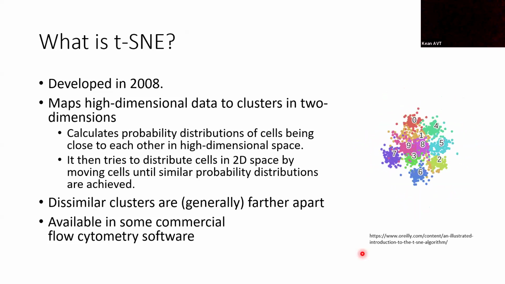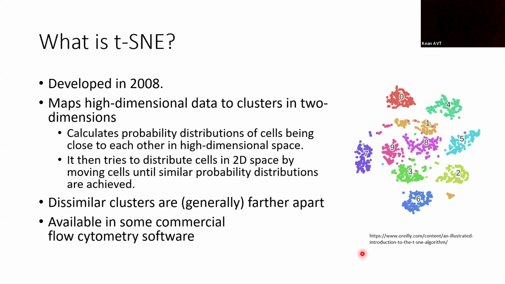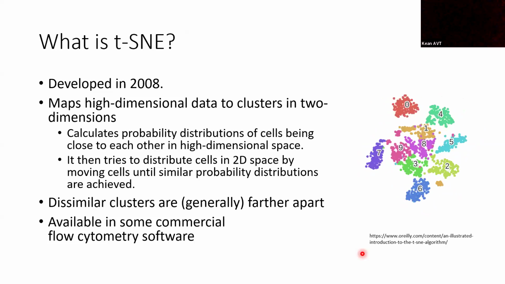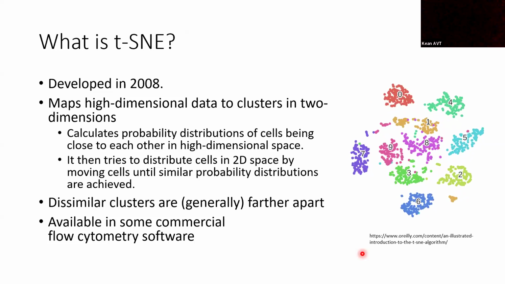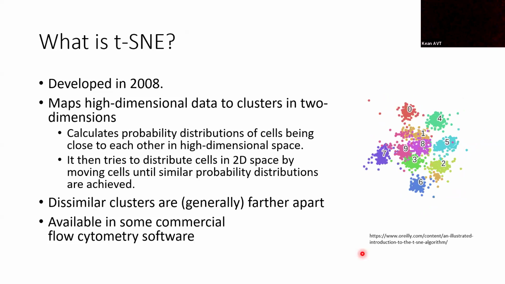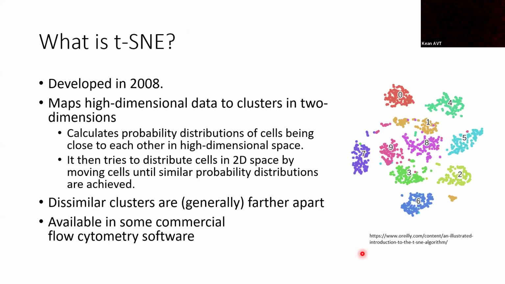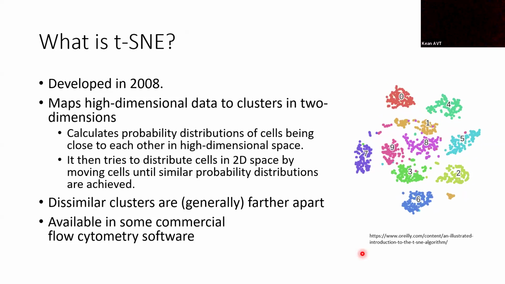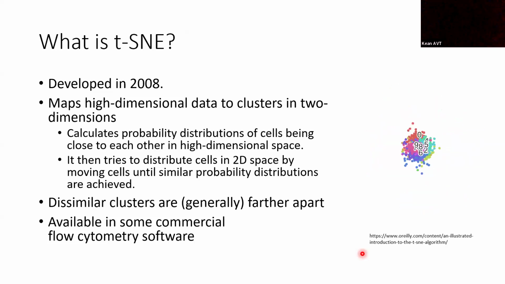It maps high dimensional data to clusters in 2 dimensions. So it does kind of cluster the data, but sometimes the clusters are split into different cell populations. Part of a population will be on one part of the t-SNE, whereas the other half is on the other side, just because they got pushed apart in early steps.